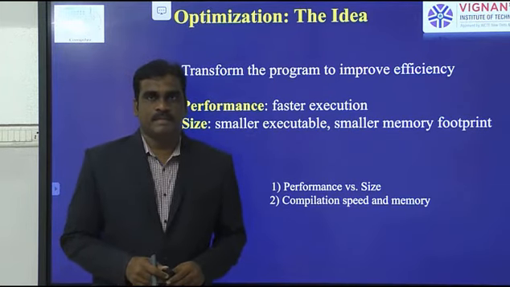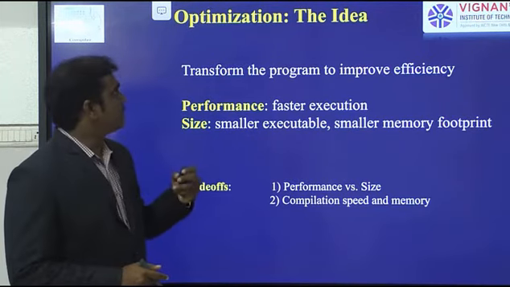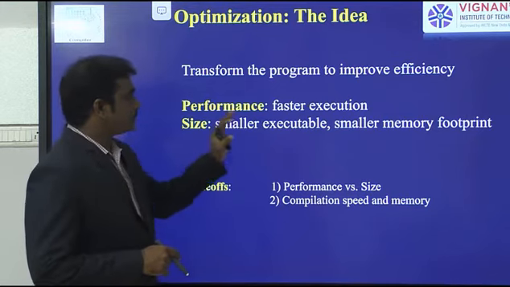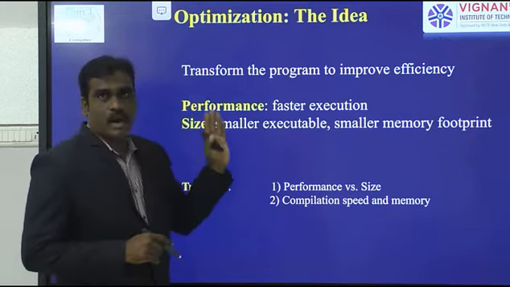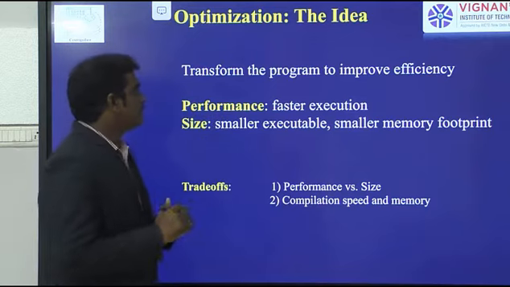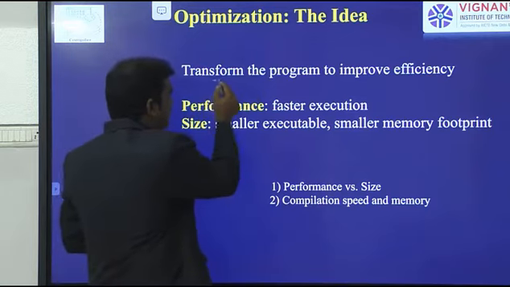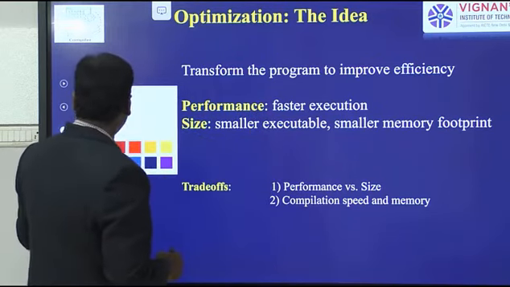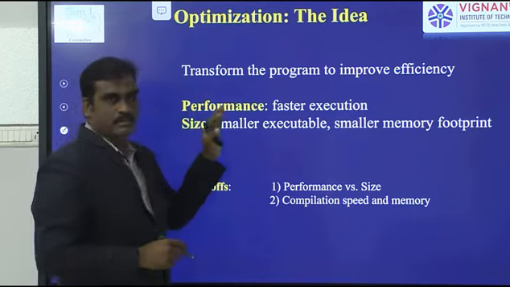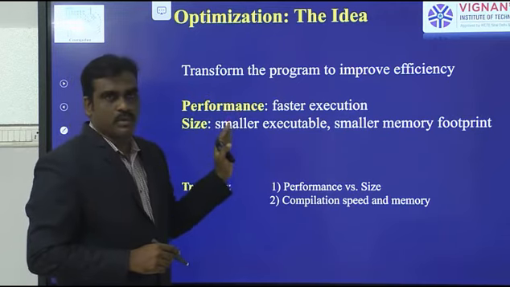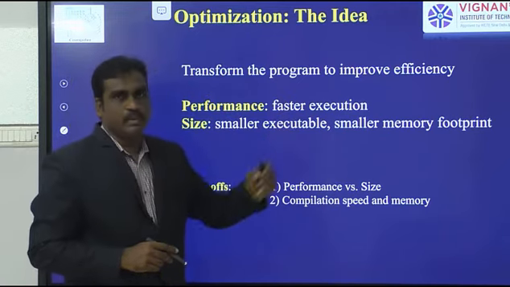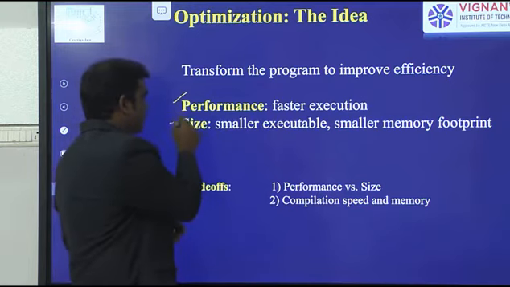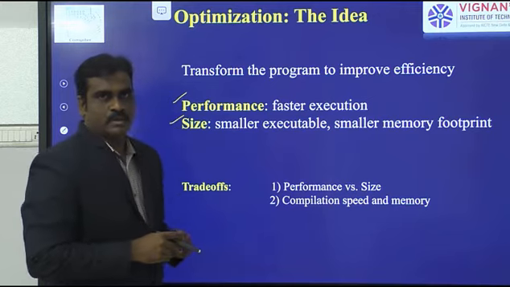Good morning all of you. In this class I am going to explain the optimization techniques. Why are we optimizing the code? First, to transform the program to improve efficiency, in terms of performance and size.